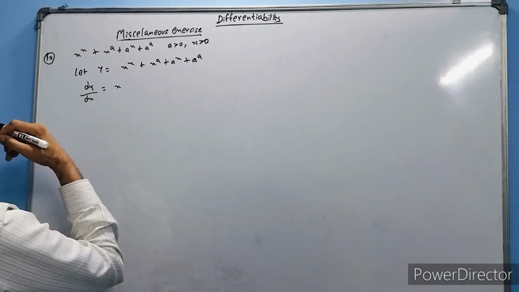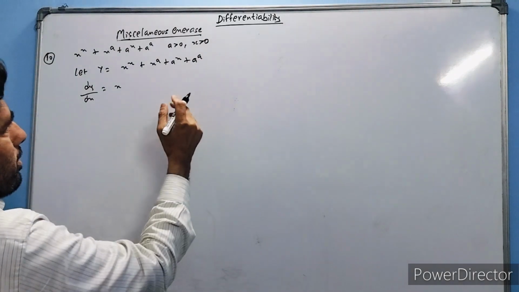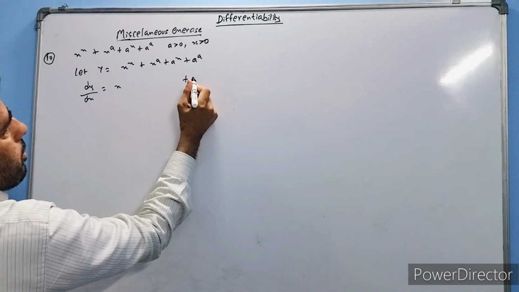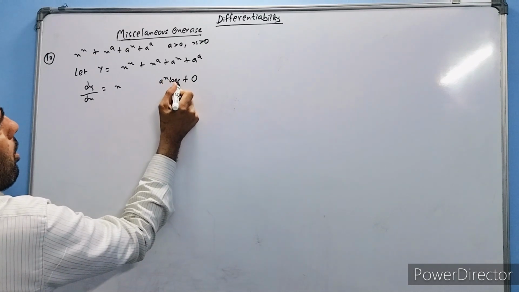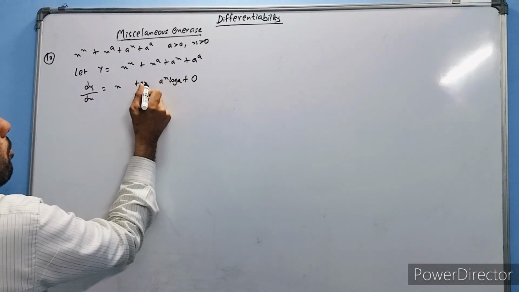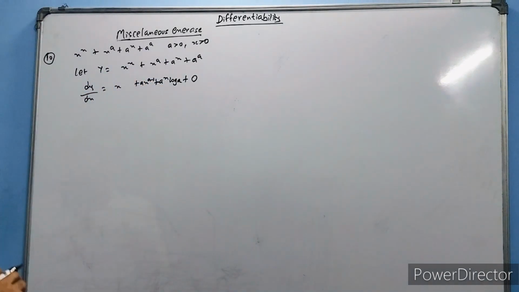Okay, how can we differentiate it? What we can do here, if I differentiate this directly, I got 0. I got a raised power x log of a, and here it will be a x power a minus 1, plus, and this will be x raised power x.